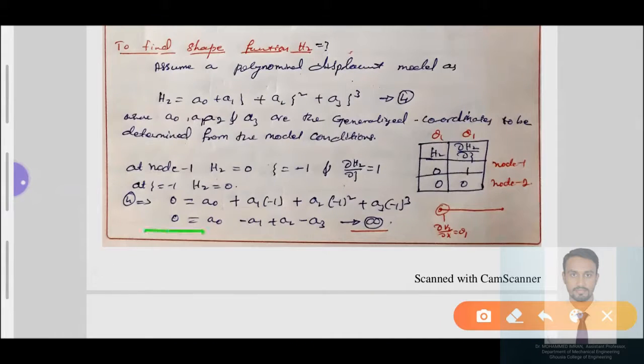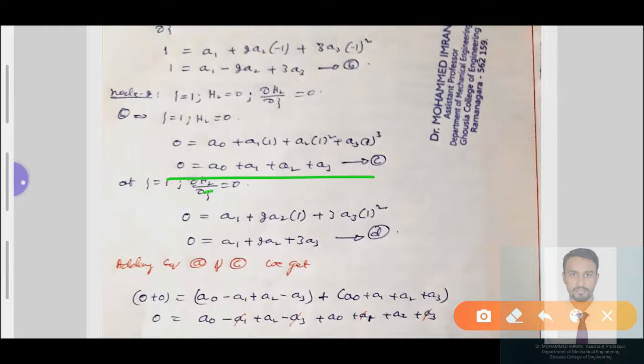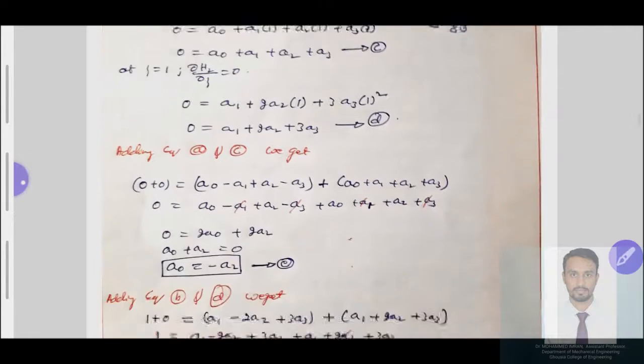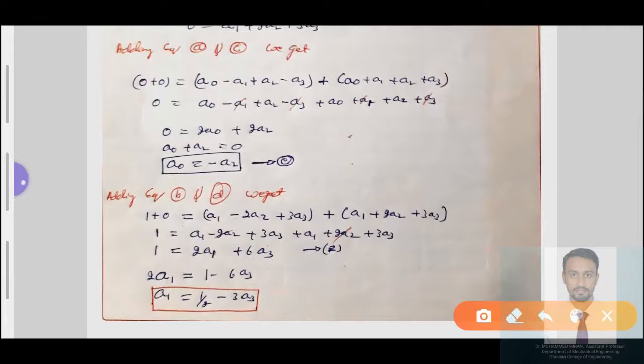We have equation number A: 0 equals a0 minus a1 plus a2 minus a3. And again we have equation number C: 0 is equal to a0 plus a1 plus a2 plus a3. We'll add: 0 plus 0 is equal to a0 minus a1 plus a2 minus a3 plus a0 plus a1 plus a2 plus a3. Remove the brackets, sign convention. Here minus a1 plus a1 will get cancelled, minus a3 plus a3 will get cancelled.